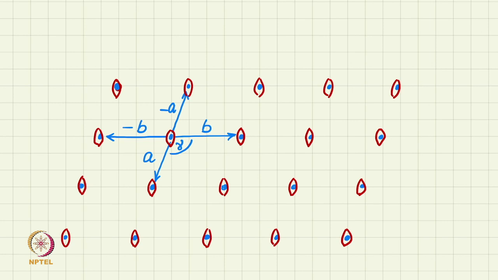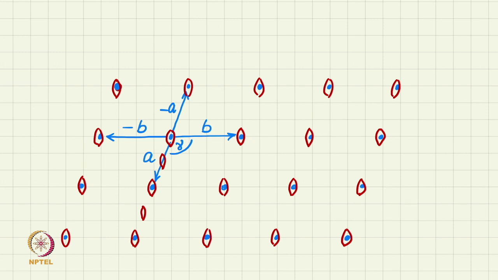A two-fold with translation A generates another two-fold between the two, it generates a two-fold at A by 2. So, you can see also that you do not have to rotate 180 degree about the lattice point, you can even rotate 180 degree in the midpoint of two lattice points, and everything will come into self coincidence.